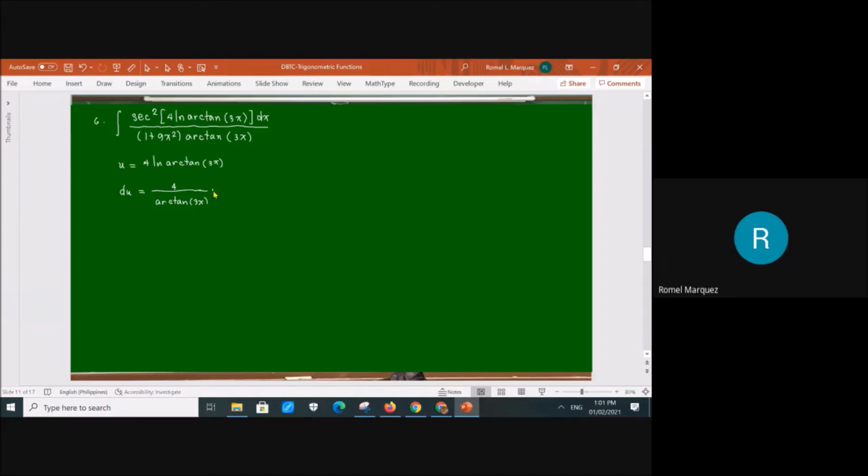What's the derivative of arctan? The derivative of 3x, so that is 3 over, actually, the derivative is already suggested there, no? 3 over 1 plus 9x squared for the derivative of arctangent, then dx.